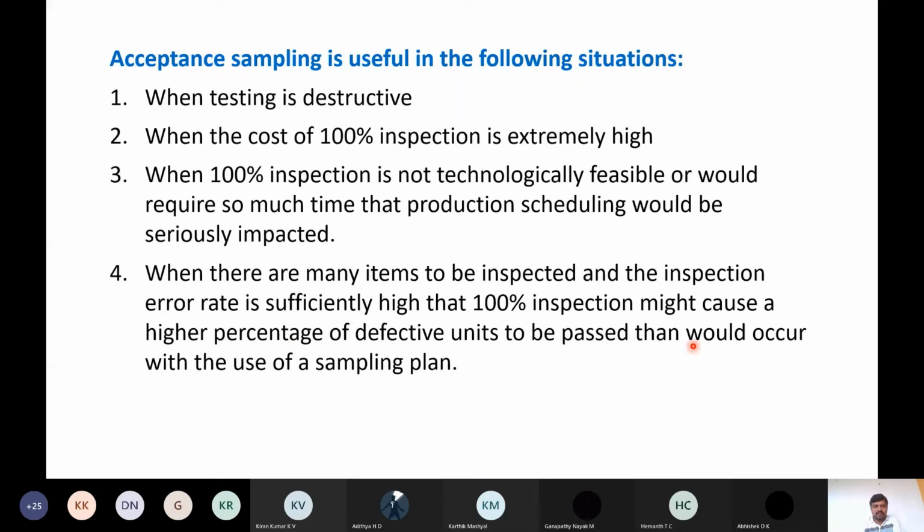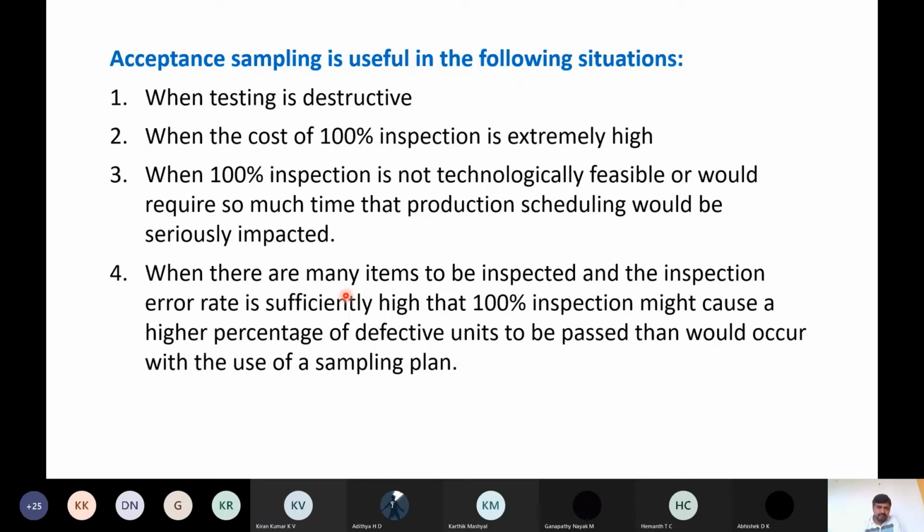If a person in charge of inspection is not aware of possible errors during inspection, he may end up considering good quality products as defective because of error in the inspection, or even defective products may be considered acceptable because of error in inspection. So that also should be considered. If you go for 100% inspection and the error rate is 2%, then that also doesn't make sense.